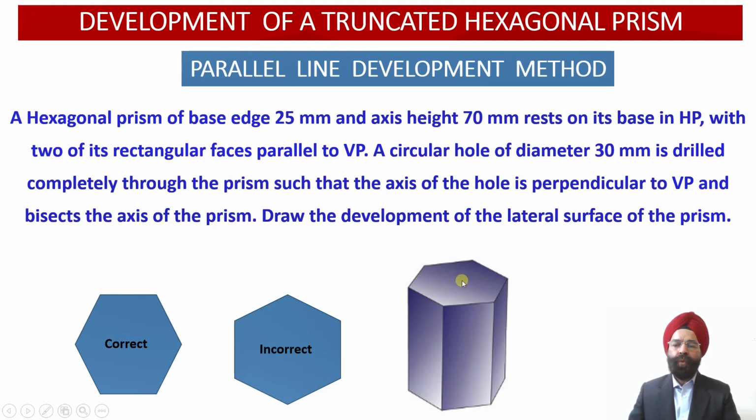Once we locate the axis of the prism, we observe that a circular hole whose axis passes through the midpoint of the axis of the hexagonal prism intersects the prism. This way, a circular hole on the front face and a circular hole on the rear face of the solid will be obtained.